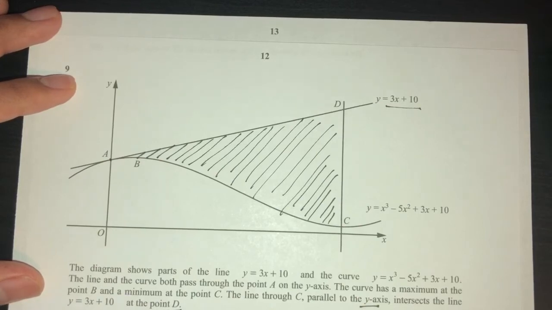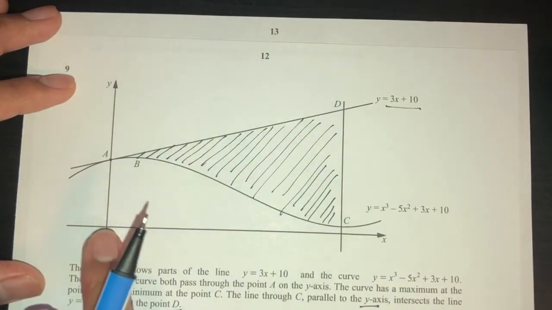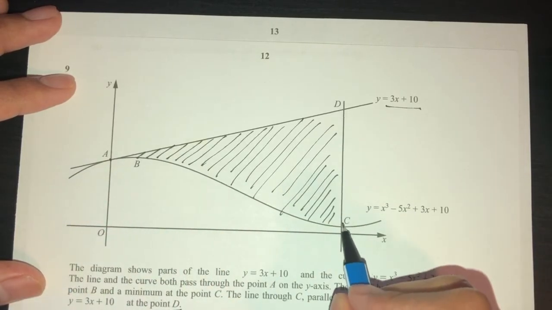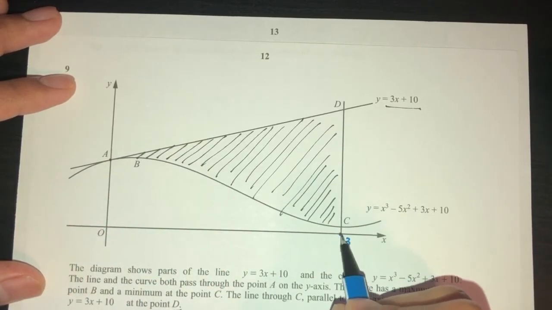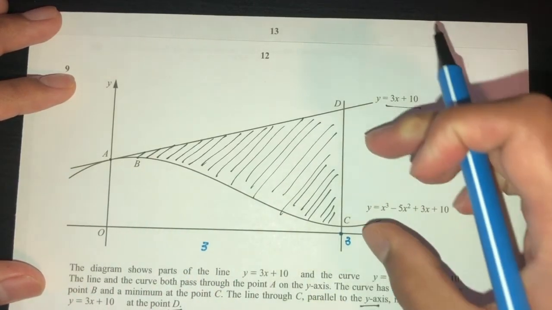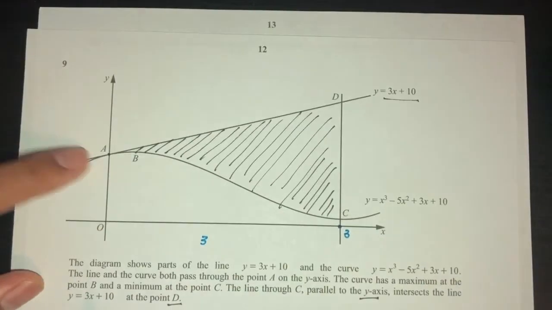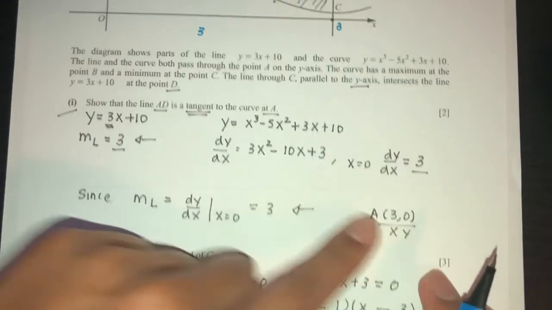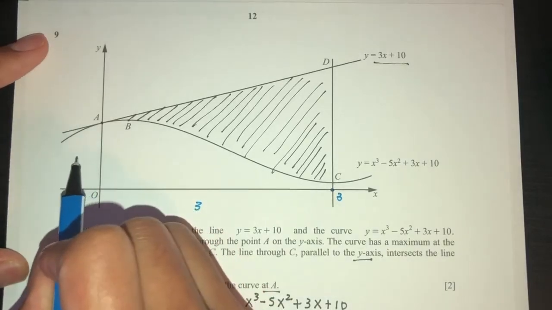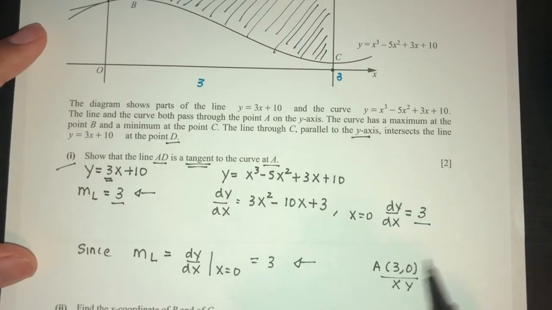So how would you find this big area? So we have to find this distance. As you have seen, the x coordinate of C is equal to 3, and this is 0, so this length here is 3. And what are these two lengths? This is x is 0. We have to find the value of y.